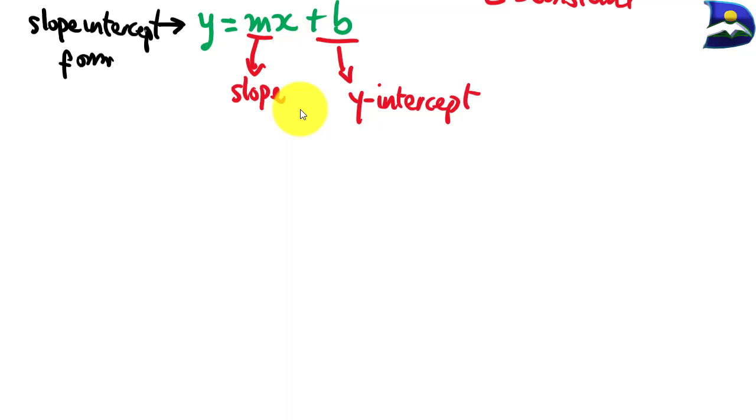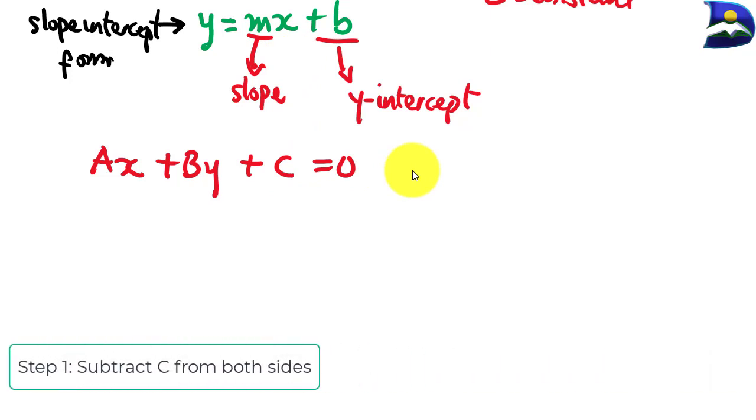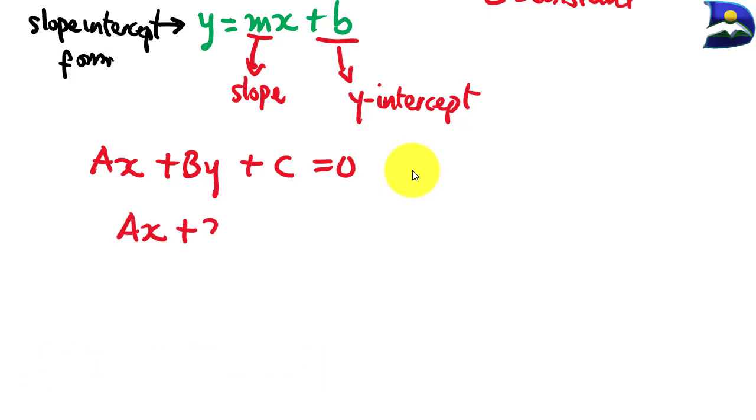First step: you're given the original equation ax plus by plus c equals 0. We need to move our plus c to the other side, which means we subtract c from both sides. Therefore, we have ax plus by equals minus c.